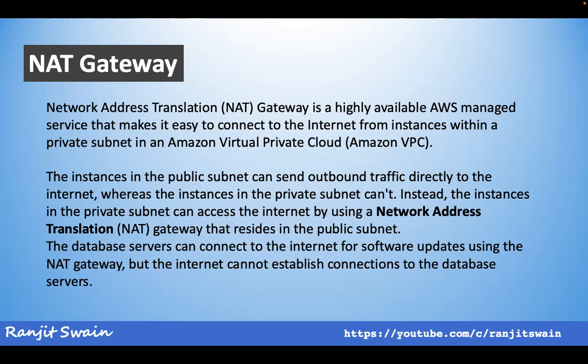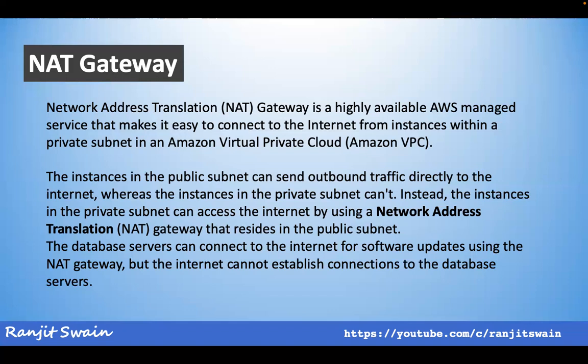So when we need the NAT gateway, we are talking about the private subnet, right? When we create the private subnet, it will not have direct internet access. And how can our applications on the public subnet access the database which is placed under the private subnet?